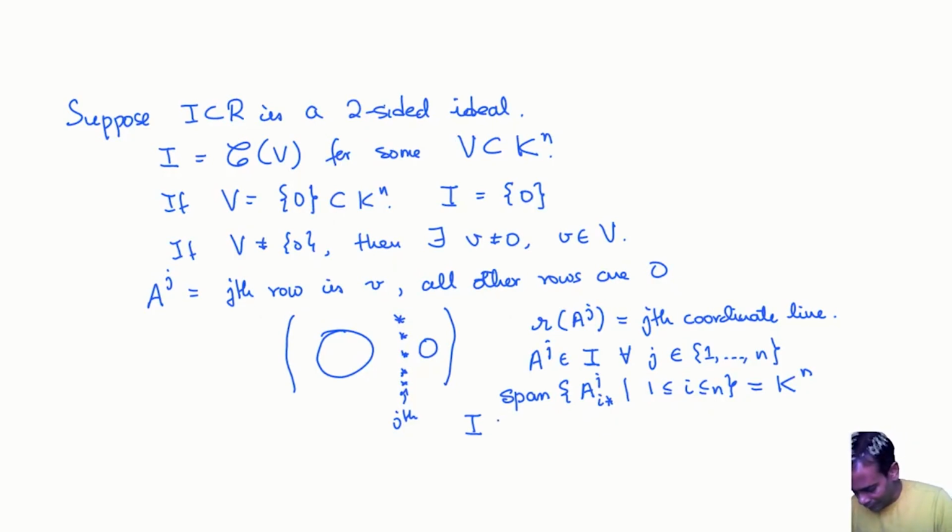So that means I is equal to C of K^n, which is all of M_n(K). That is all of R. So what we have seen here is that there are only two two-sided ideals in R, namely the ideal consisting only of the zero matrix, and the other one is the ideal consisting of all matrices in R.